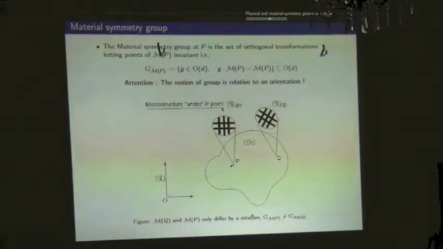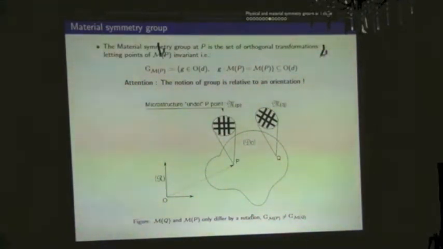So this sentence in bold is really important: a symmetry group is relative to an orientation. And you cannot directly compare two groups of two points taken separately. That is something that is very often forgotten.